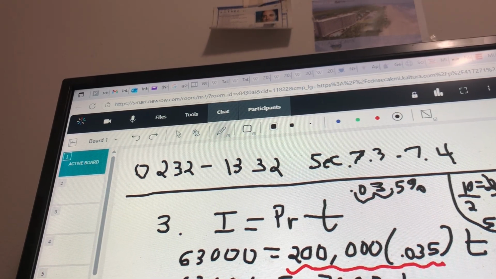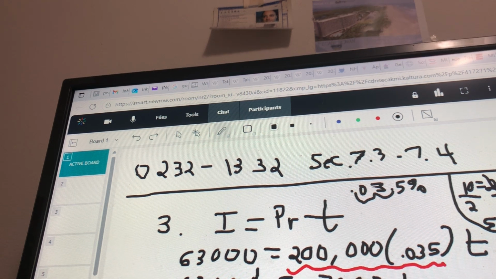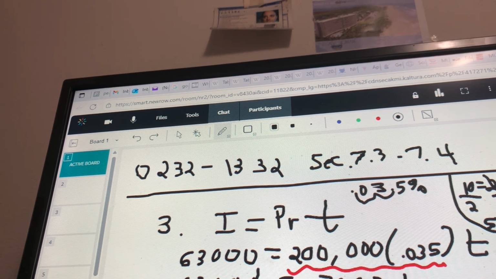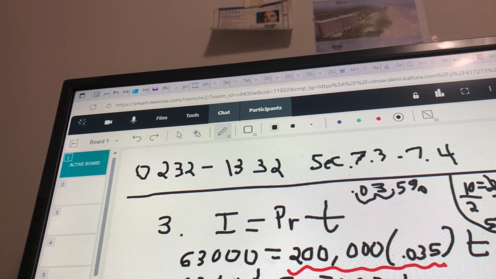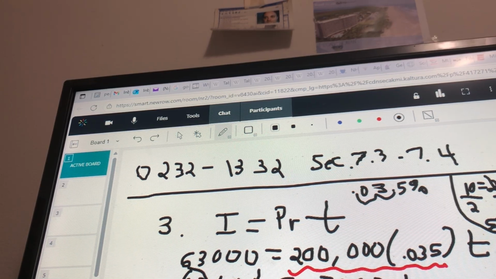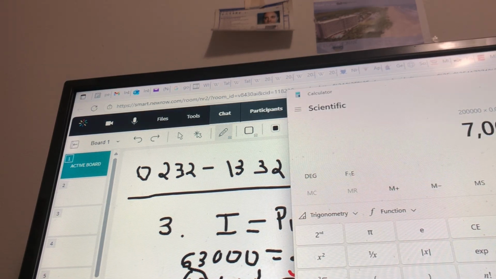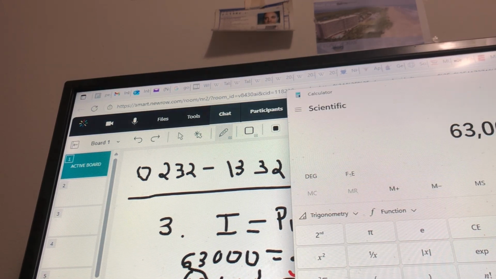And you can certainly type this in a calculator, but the zeros cancel out 1 by 1. And 63 divided by 7 is 9. So this will take 9 years for this to happen. But I could type 63,000 divided by 7,000.